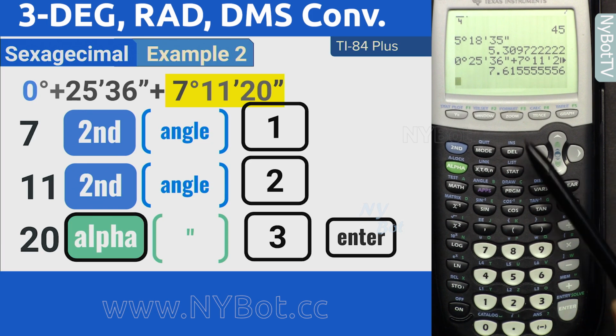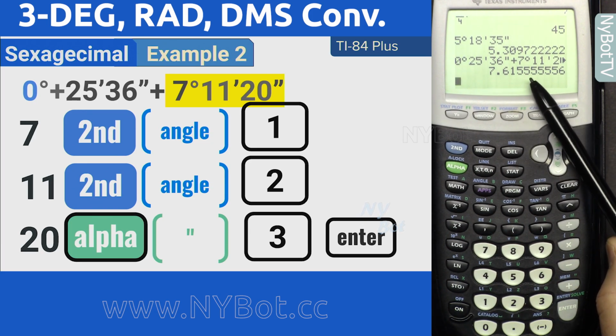Enter, and that is the answer, 7.61 degrees. And it makes sense, this is 0, as we have only 7 degrees plus some values, which is this.